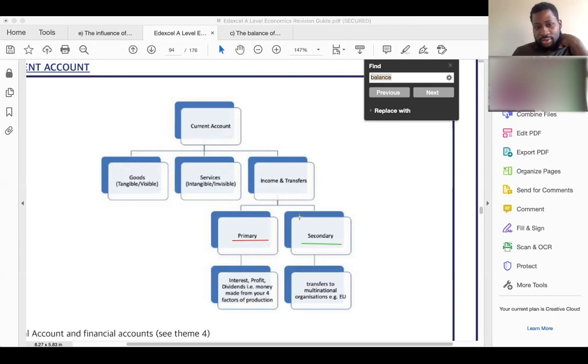So that's the current account: goods, services, and then income and transfers. Goods we call tangible because you can see, feel, and touch them. Services are intangible, invisible, without a material form. So that's your current account at a quick glance.